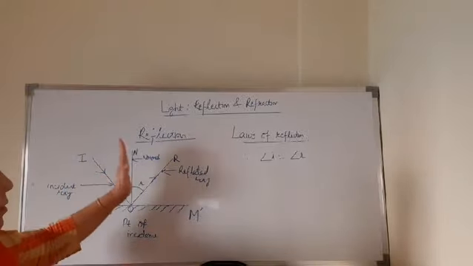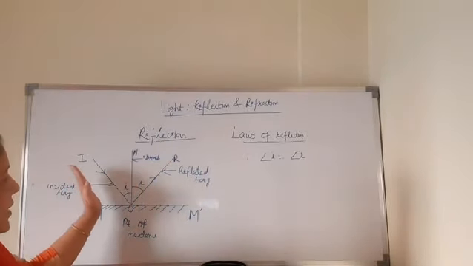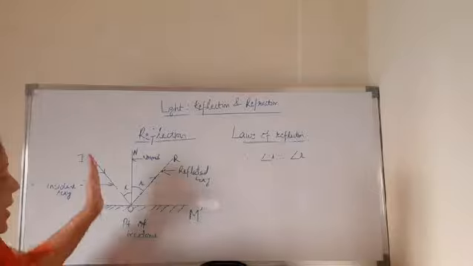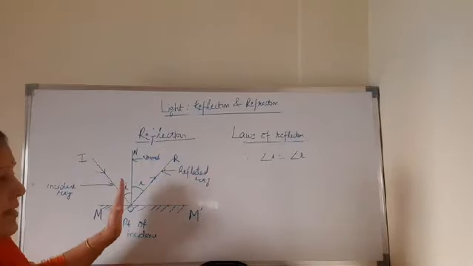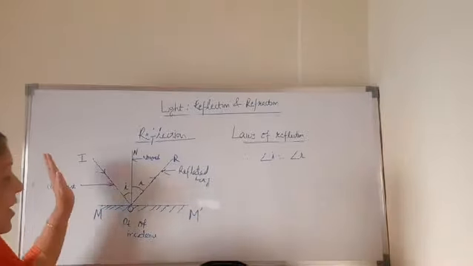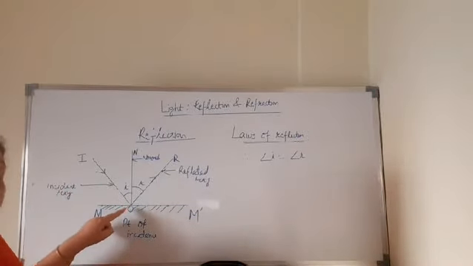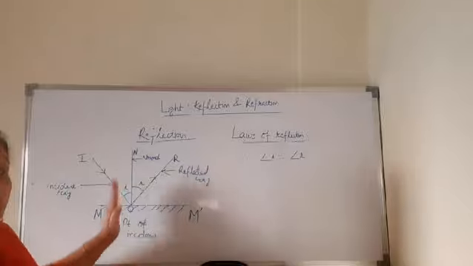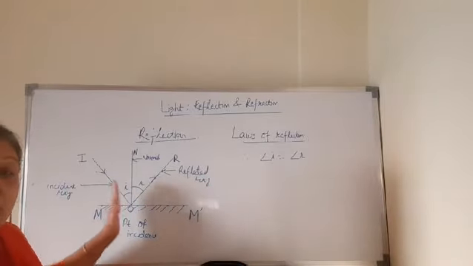The angle between normal and incident ray is I, the angle between normal and reflected ray is R. So these two are equal. That means when the light strikes any surface, it goes back making the same angle with the normal.